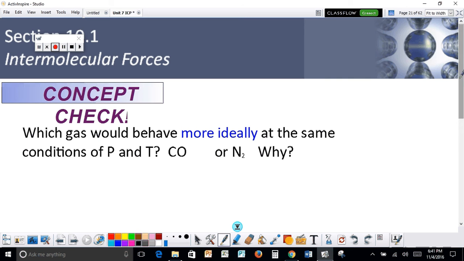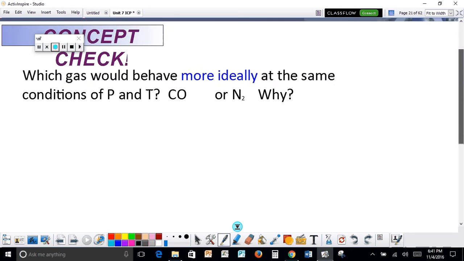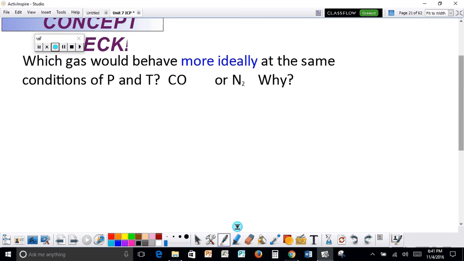So let's go ahead, look at this last concept check. Which gas would behave more ideally at the same conditions? So we need to remember the ideal gas law. So if you remember, PV equals nRT.